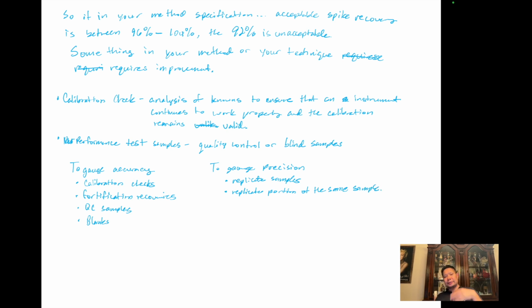Meaning we can use the same sample and do the same test on it multiple times, right? Or take from the same sample and do multiple tests on that, right? So the first one here is all separate replicate samples, whereas these are replicates from the same sample.